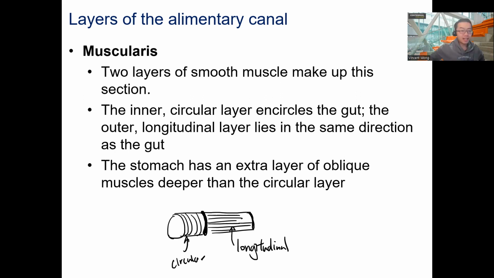Now the stomach has an extra layer that's inside of the circular layer, and that's called the oblique. Oblique means diagonal. So not only do you have to squeeze the content and push it around, you also have to do a little bit of twisting. That twisting allows the churning of the food, and it mixes it with the digestive enzymes, and that way it is able to digest the food properly.